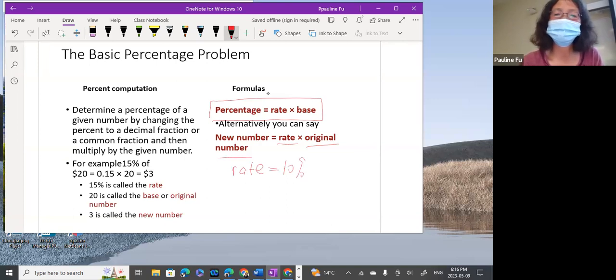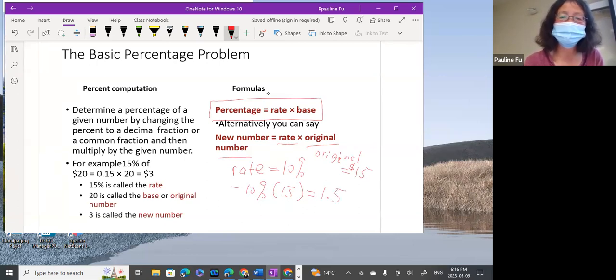Before the raise, your original hourly rate is $15. How much is the increase? You use 10% times $15. That is $1.5. So that is your new number, the increase.